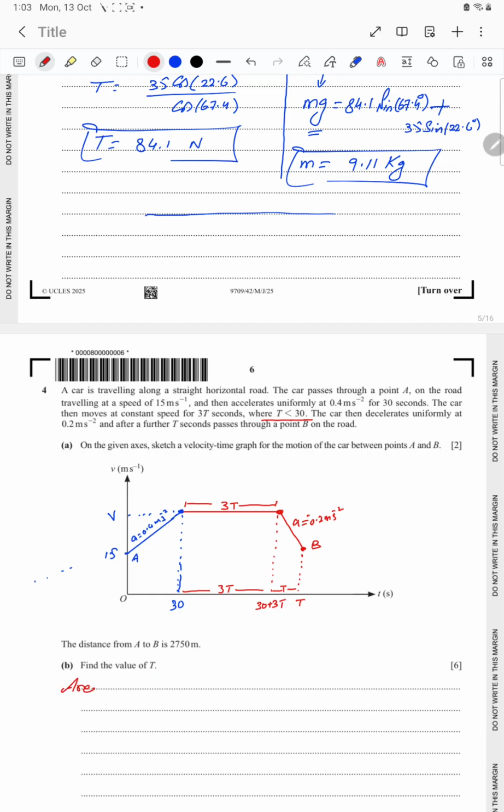So the total area under the VT graph gives us the distance, which is already given. We just need to find t.